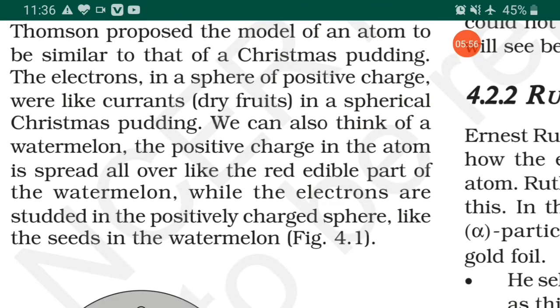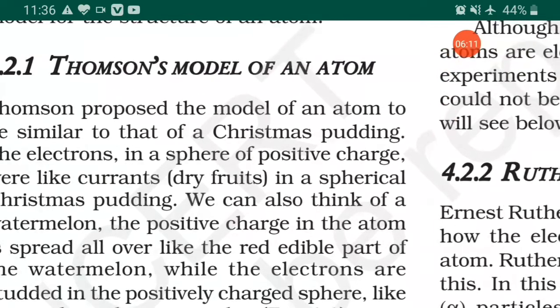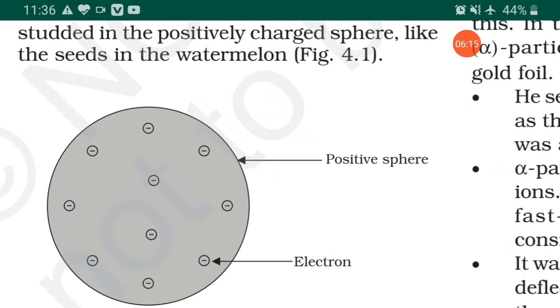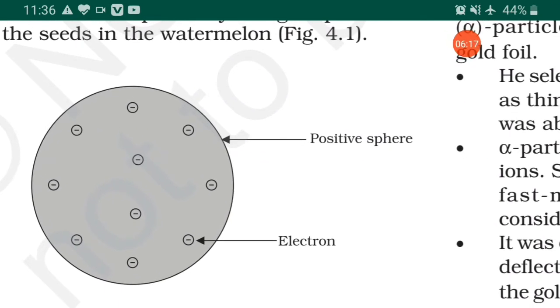The positive charge in the atom is spread all over like the red edible part of the watermelon, while the electrons are studded in the positively charged sphere like the seeds in the watermelon. So this is the explanation given. The sphere is positive and the electrons are negatively charged.